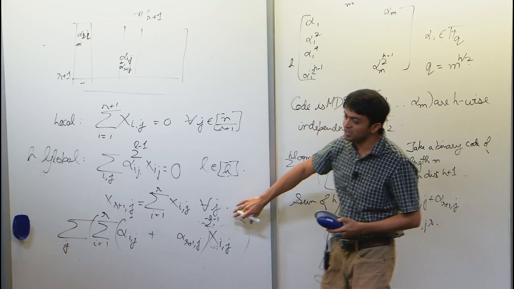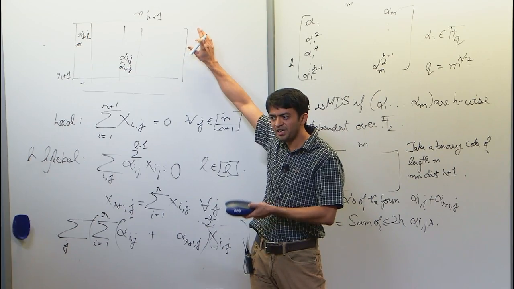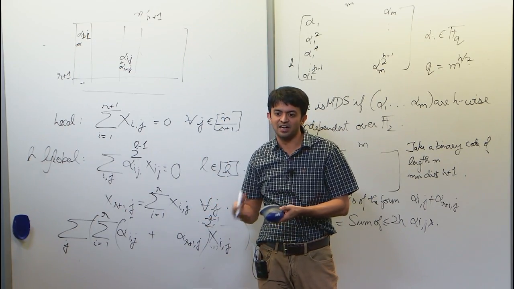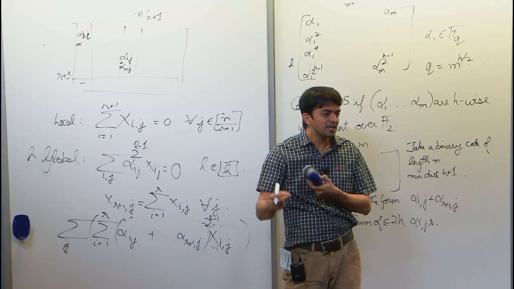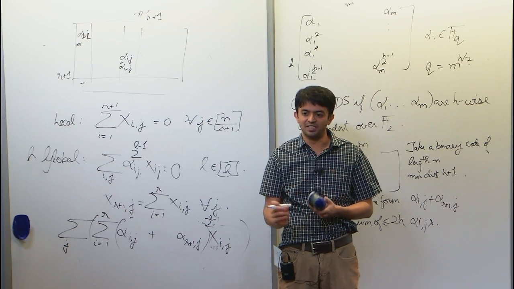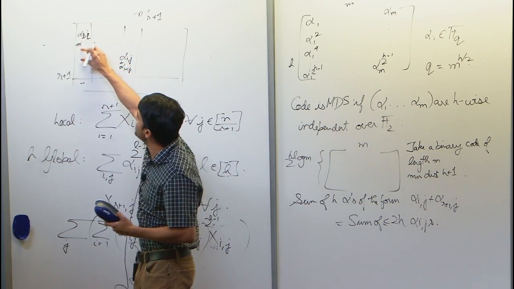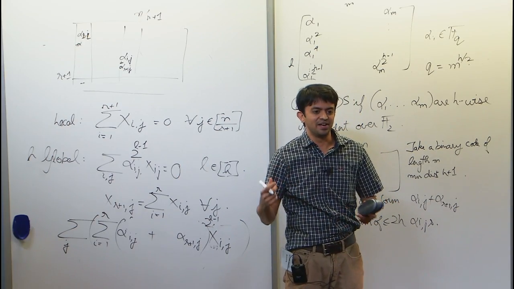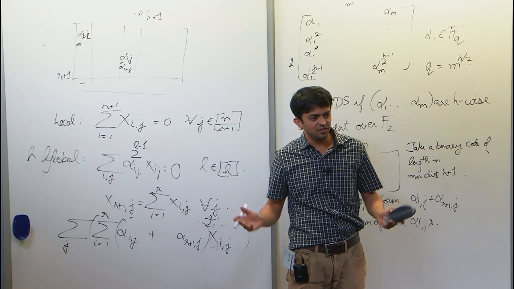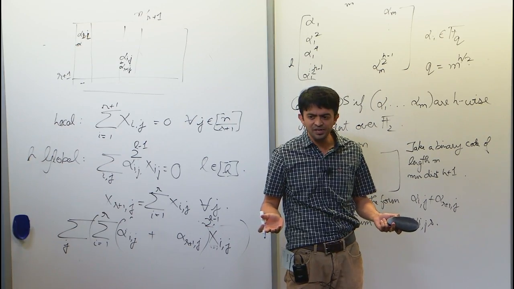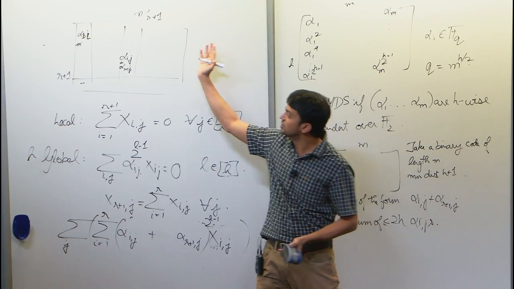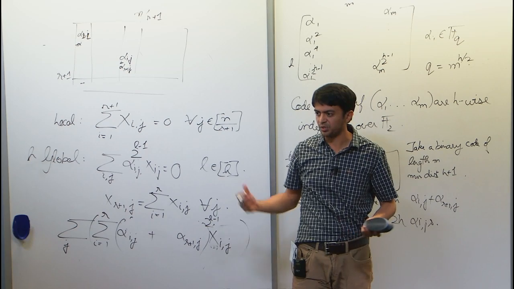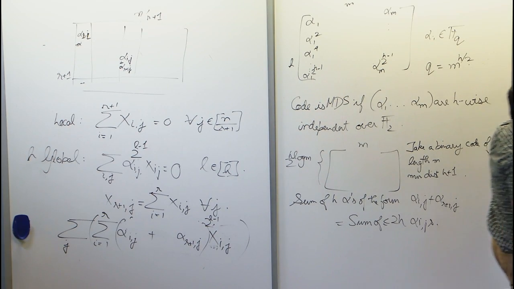To get the stronger property, you don't need that the alphas themselves are linearly independent. You're going to consider various shifts of the alphas, where you take one entry from each column, and you shift everything in that column by that entry. This is the new collection of things that you want to be h-wise independent. One way to do this is to choose the alphas themselves to be 2h-wise independent. That gives you a field size something like k to the h.